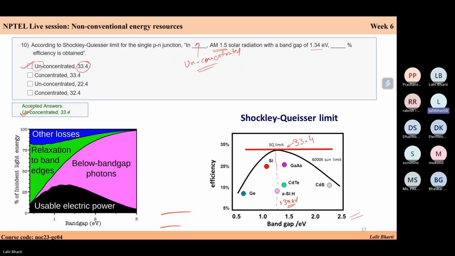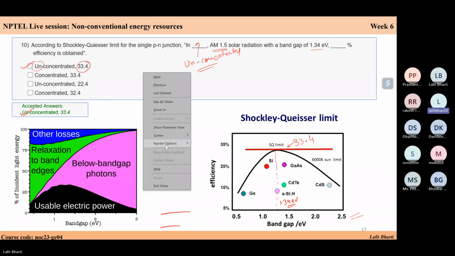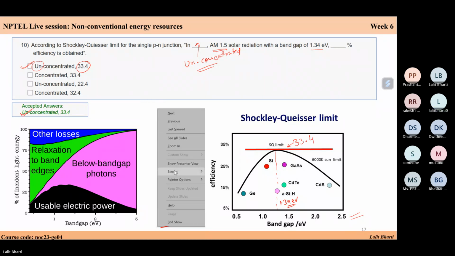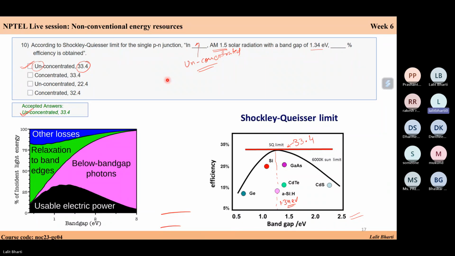The SQ limit is basically for a single PN junction, and second, it is for unconcentrated light.